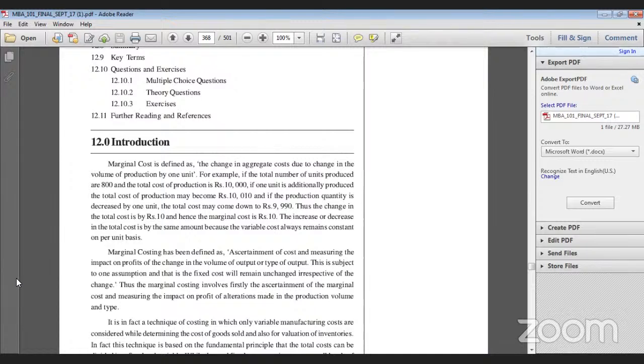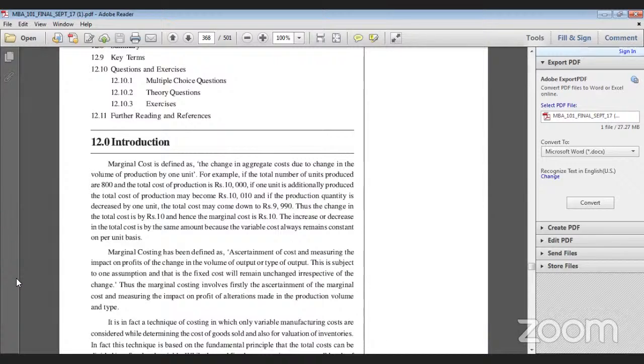For example, if the total number of units produced is 800 and the total cost of production is 10,000, if one additional unit is produced, the total cost of production may become 10,010. If production is decreased by one unit, the total cost may be 9,990. Thus, the change in total cost is 10. Hence, the marginal cost is 10.